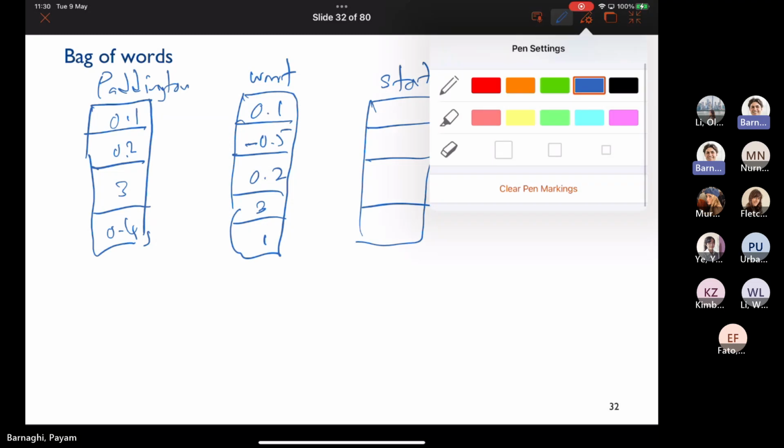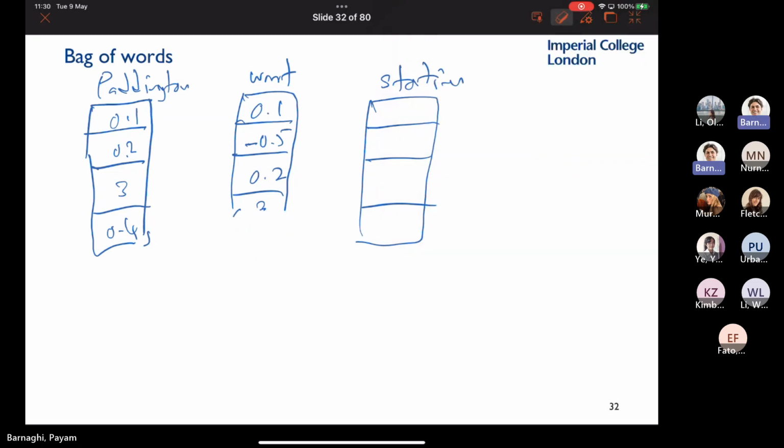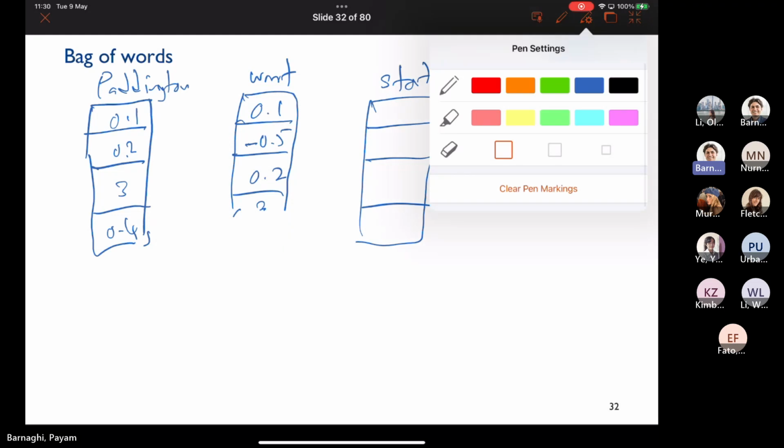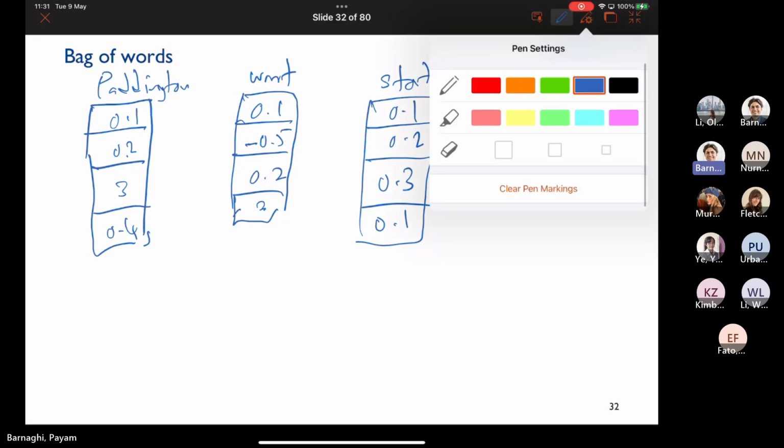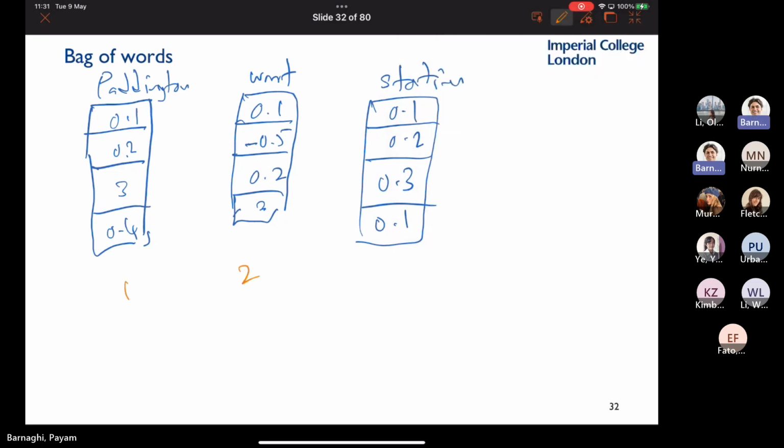I can't even draw something proper. A word embedding will look something like this, right? And if we wanted to tell the order, the order of this would be 1, the order of this will be 2, and the order of this will be 3.